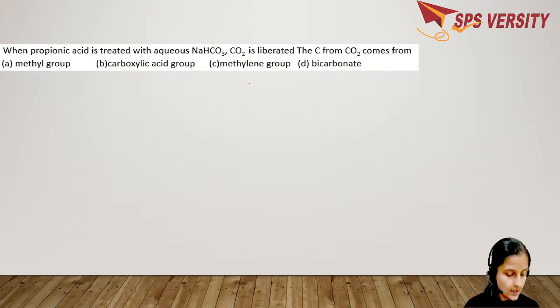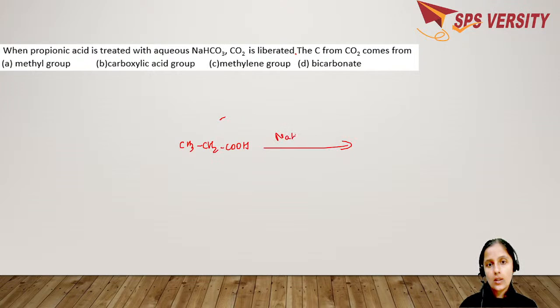When propionic acid is treated with aqueous NaHCO3, CO2 is liberated and the carbon from CO2 comes from. So how do we do this? You take NaHCO3 and propionic acid, that's the carboxylic acid with the 3 carbon atoms. When it is treated with NaHCO3, this particular H gets replaced by Na.